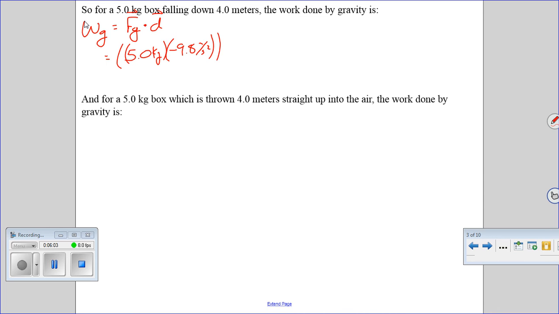Because it's cosine of 0. But it is down, so that's negative also. Cool? In the end, you just need to be thinking, oh, both the force and the displacement are down, so my work is going to be positive. Just make sure that happens. All right, so multiply this out, and you get 196 joules. Good?